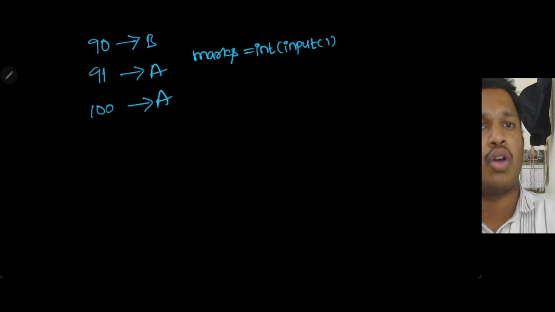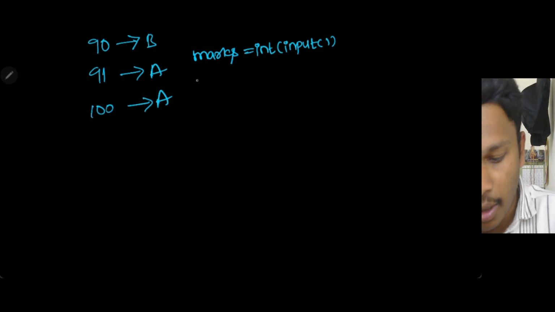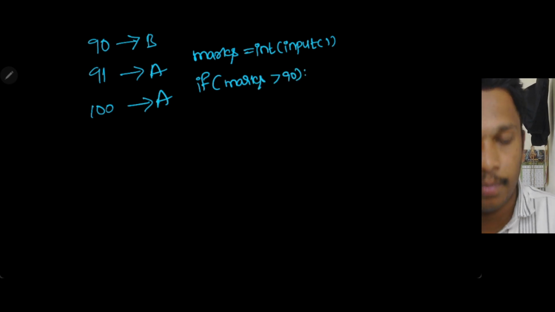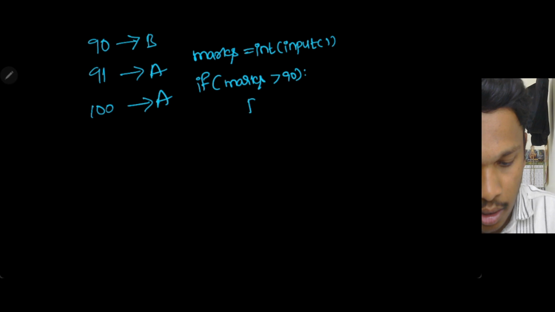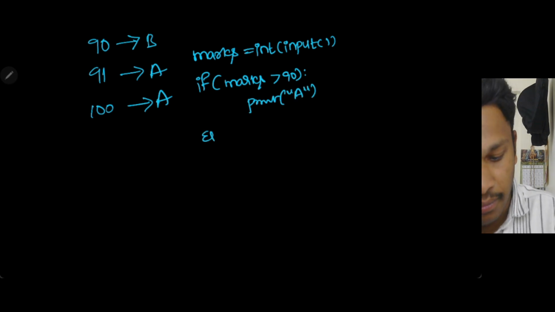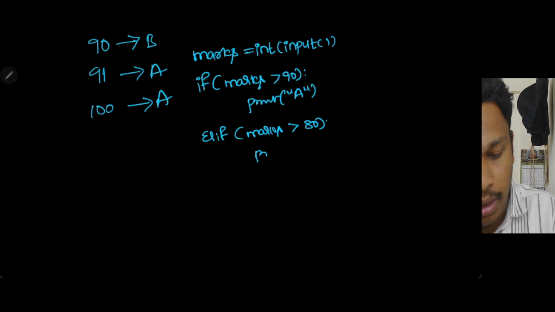Next, what logic should we apply? We need to process it to find the grade. How will we find the grade? If the marks are greater than 90, we'll print A grade. Else if marks are greater than 80, we'll print B grade.